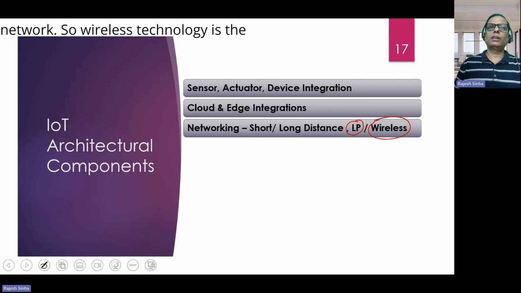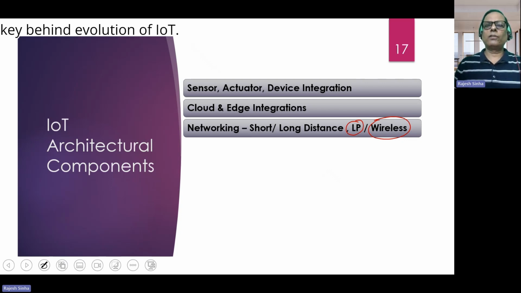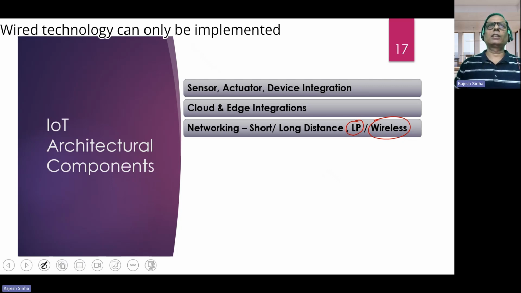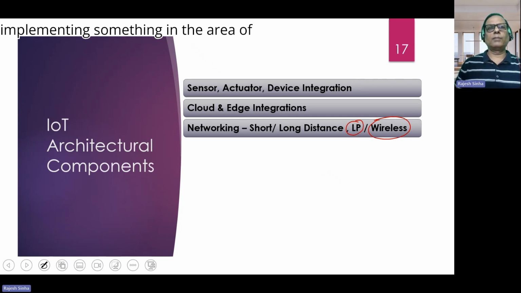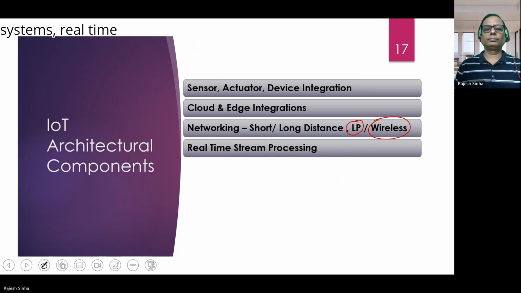So wireless technology is the key behind the evolution of IoT. Wired technology can only be implemented in a small area, in an office complex, in a residential complex. When we talk about implementing something in the area of agriculture or transportation, wireless technology is the key, which is giving the boost to IoT based smart systems.